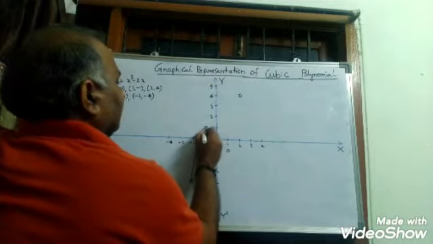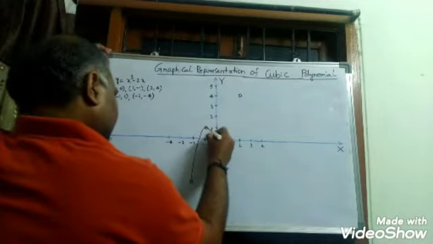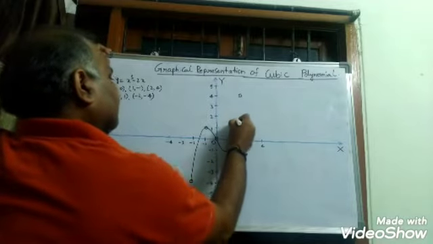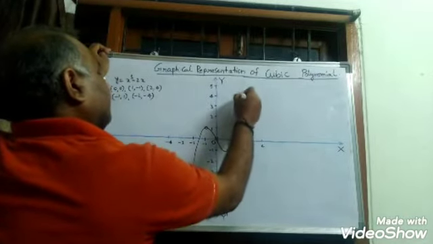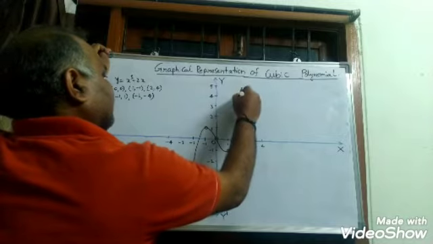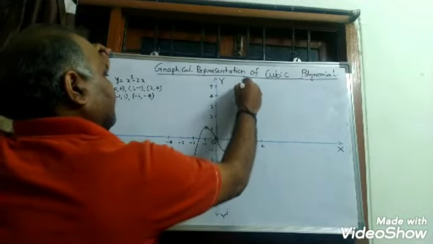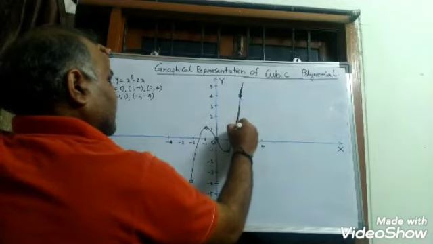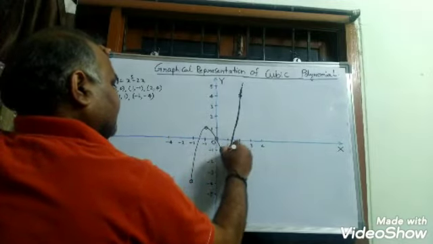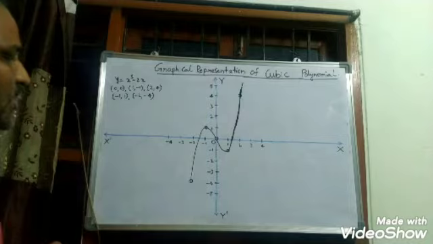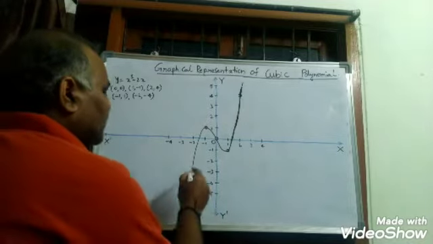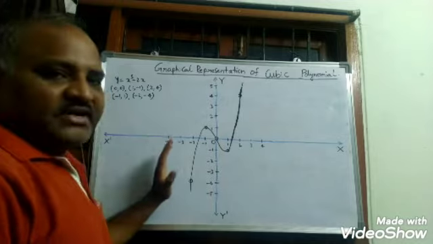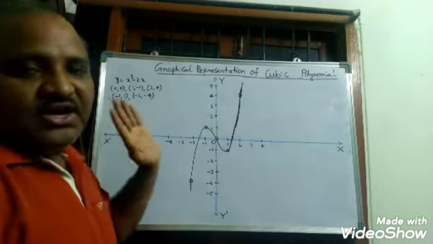This is a smooth curve like this. We can have the curve in this manner. So about a cubic polynomial, just like a quadratic polynomial, we cannot predict exactly the shape of the curve.